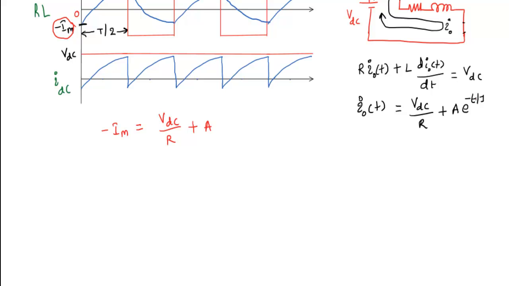E power 0 is nothing but 1. So from here A equals minus Im minus VDC by R.